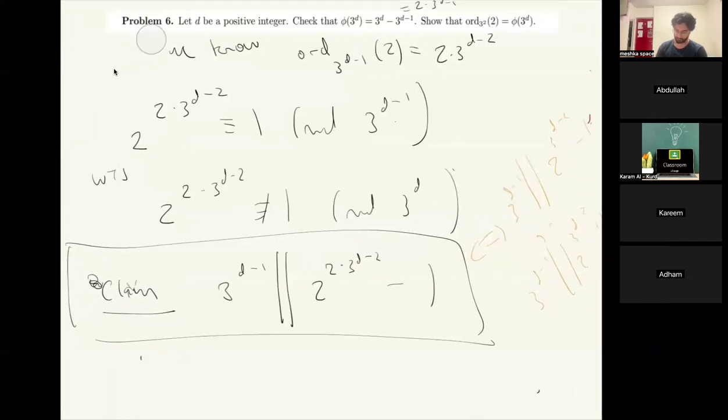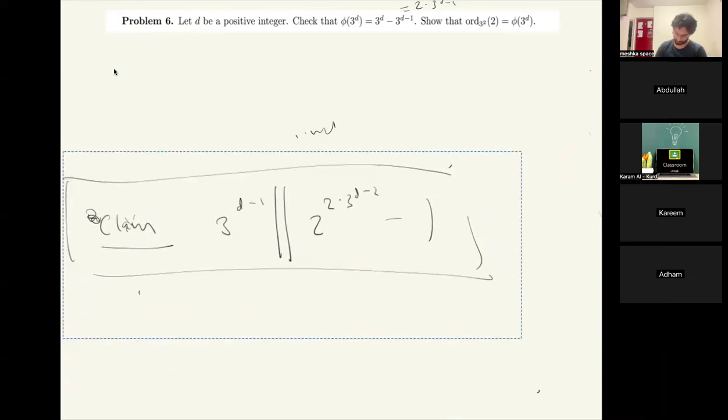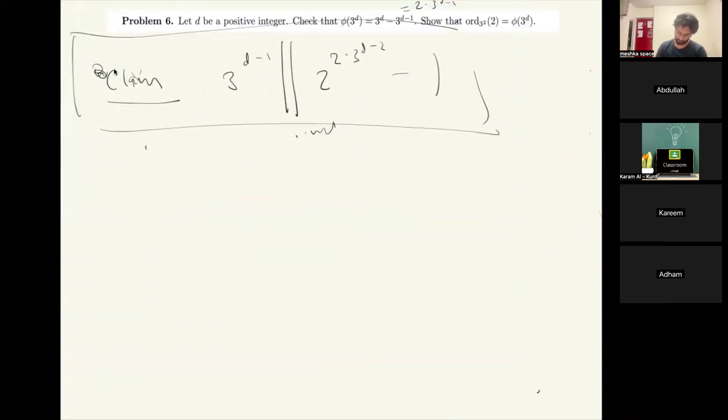The way I prove this claim by induction is I say, okay, so let's move this here. Let's say I have 3 to the d minus 2 fully divides 2 to the 3 to the d minus 3 minus 1. Okay, and now I want to understand this guy.